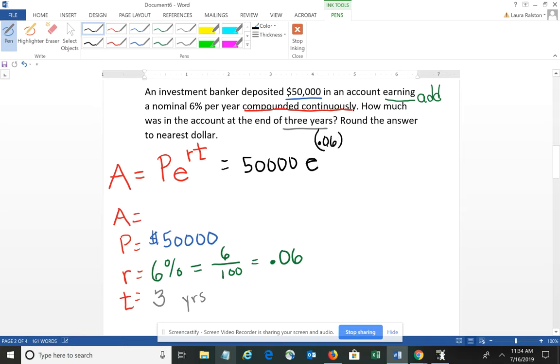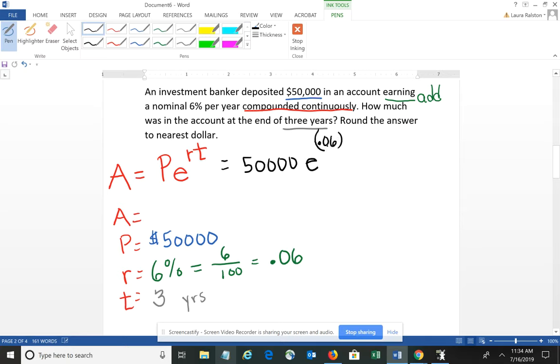Then the next calculation I'm going to do is this e to the 0.18. So again, I'm going to pull my calculator up. So I have second ln, the e pops up, 0.18, close the parentheses and enter. And so I'm going to have 50,000 times that decimal number.